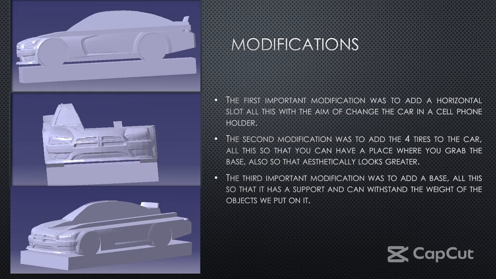The second modification was to add 4 tires to the car, so that you can have a place where you grab the base, and also so that it looks better aesthetically. The third important modification was to add a base, so that it has a support and can withstand the weight of the object we put on it.